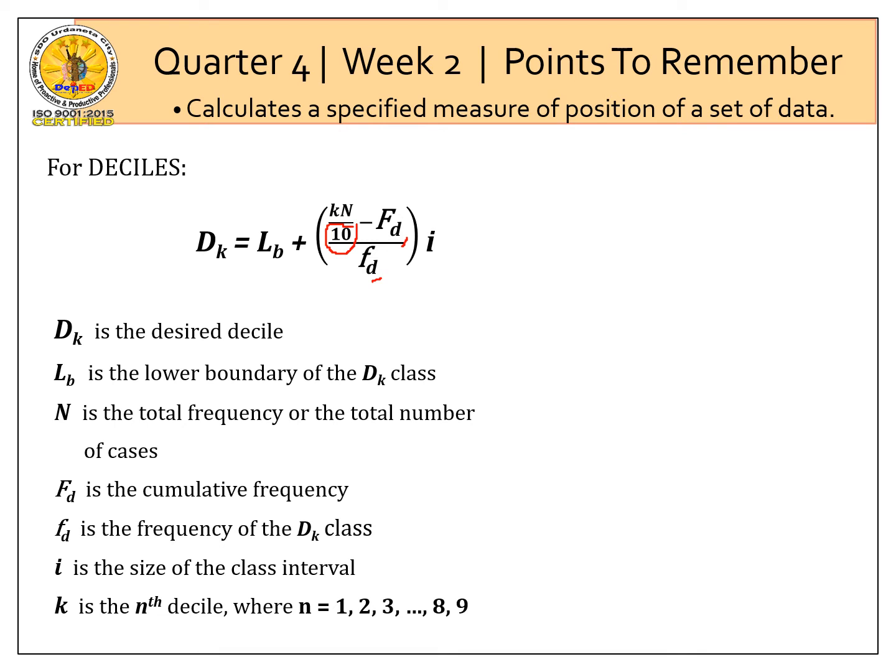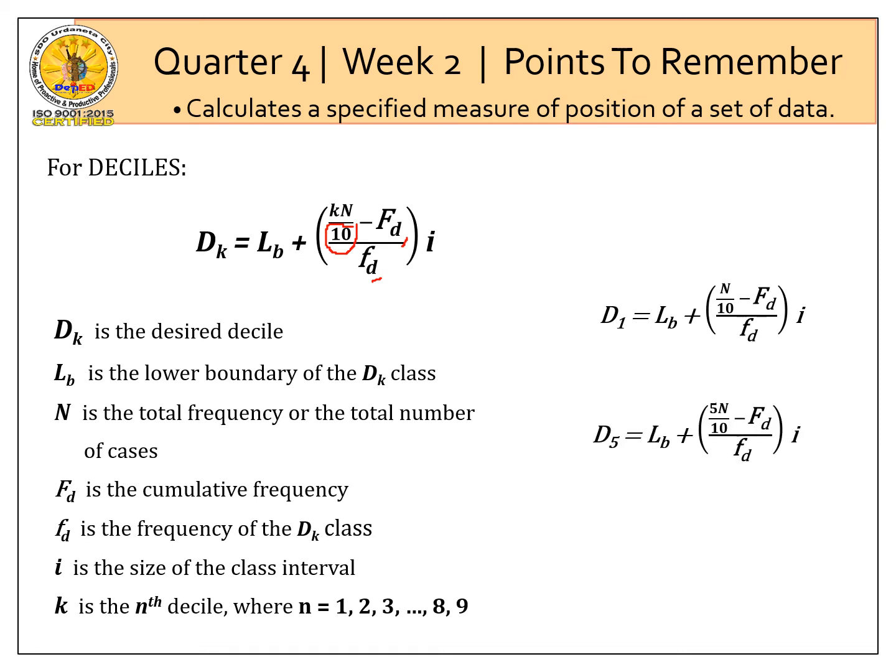Example, if we will solve for decile 1, so we will have the lower boundary plus quantity n over 10 minus the cumulative frequency divided by the frequency of the decile class times the interval.